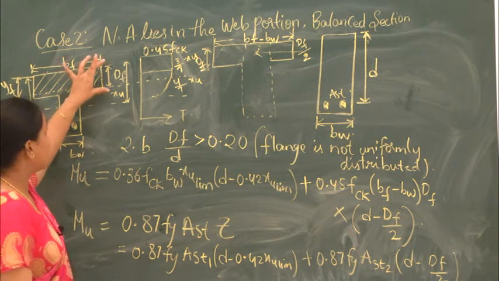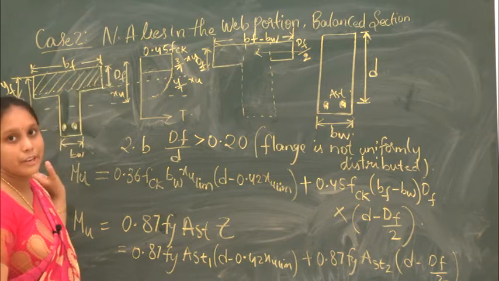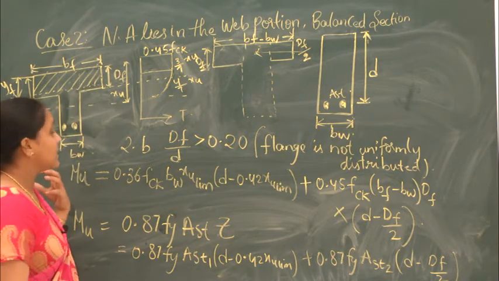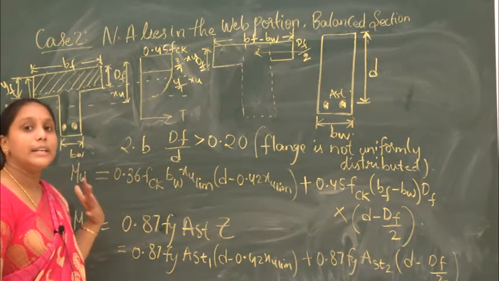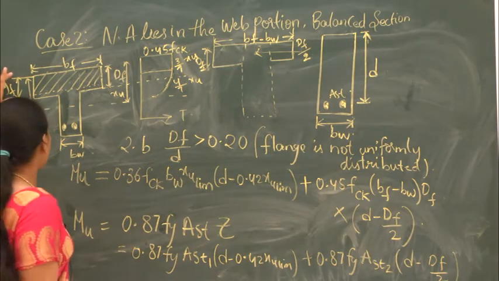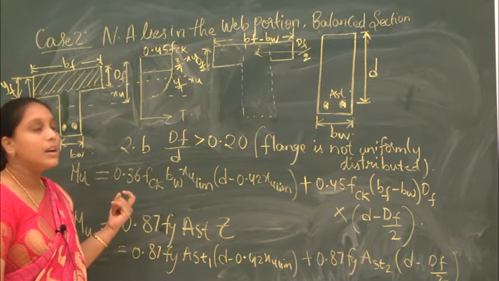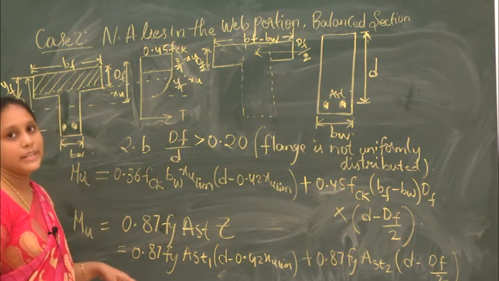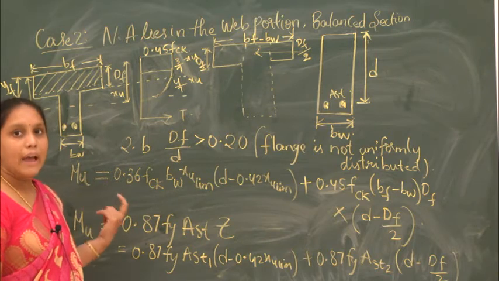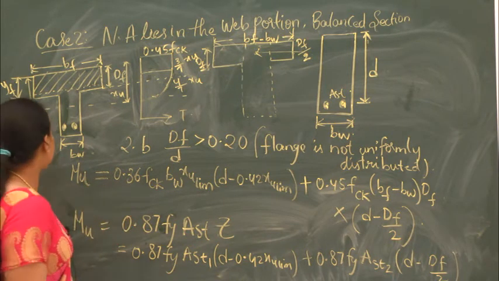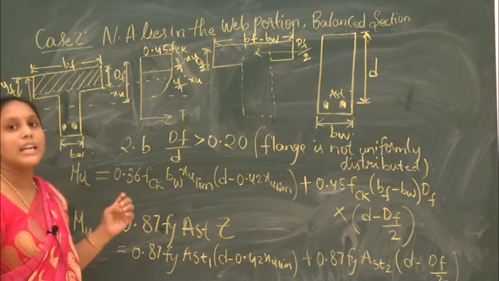So for this flange thickness Df, they have considered an equivalent depth of the flange as Yf, where all the stresses are nearly uniformly distributed, and they have given a formula for calculating this equivalent depth.